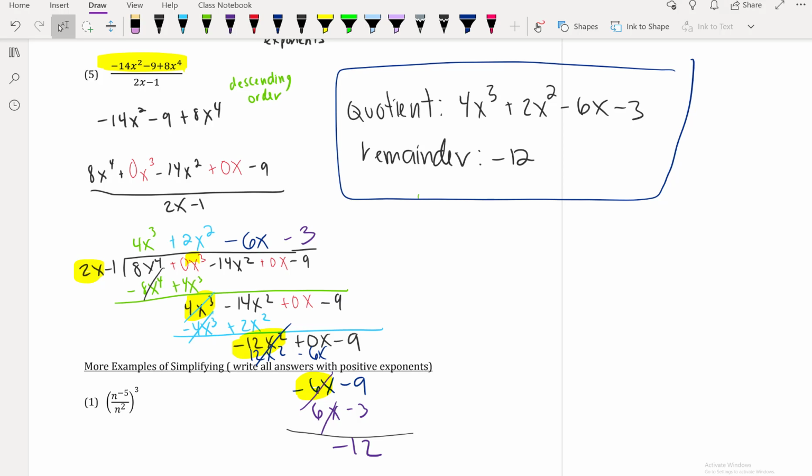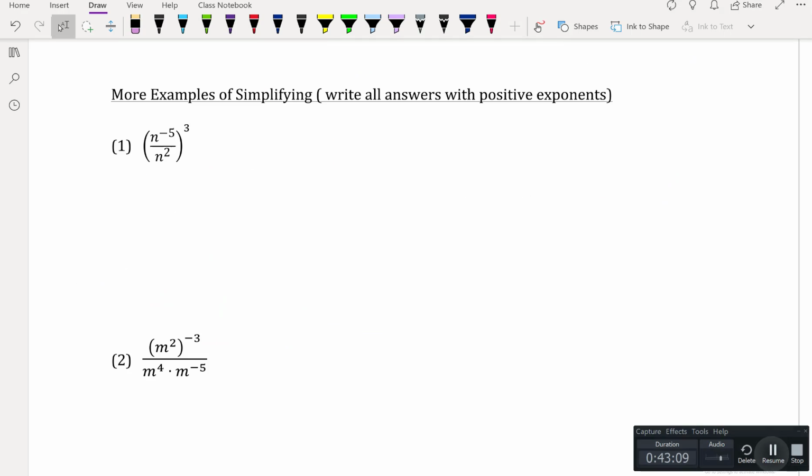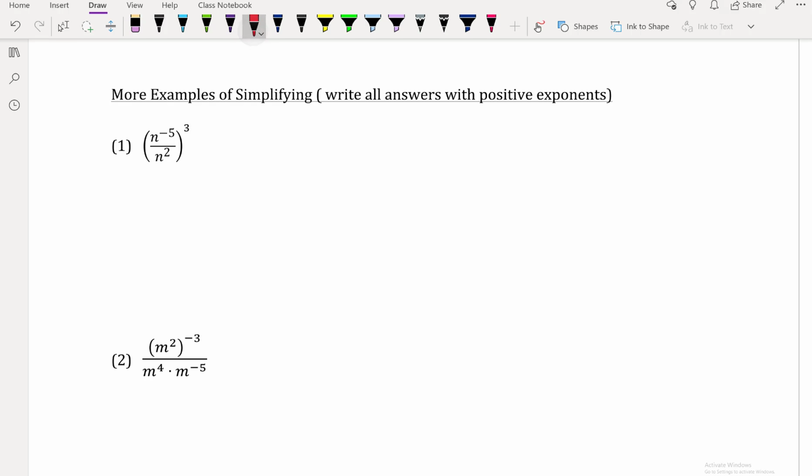Okay. Well, press pause if you need it, because I'm going to give myself some more room for number 1. Okay. So now what we want to do is some more examples with simplifying our exponents. So I'm going to take this 3 here and distribute it inside my exponents.